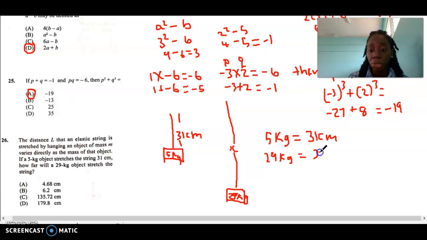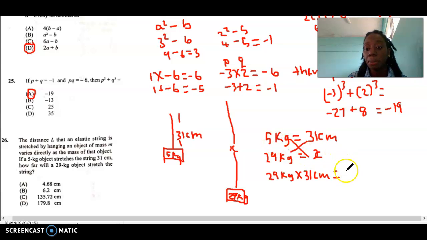And I'm going to use X to represent that value. Now I'm going to be using proportion, and of course I'll be using what I call the cross multiply method, whereby in this case I would multiply 29 kilograms times 31 centimeters, and that is equal to 5 kilograms times X. Alright, so we're making some progress here.